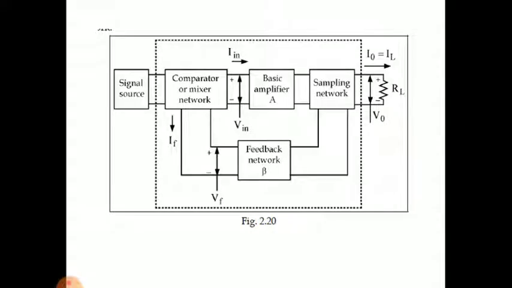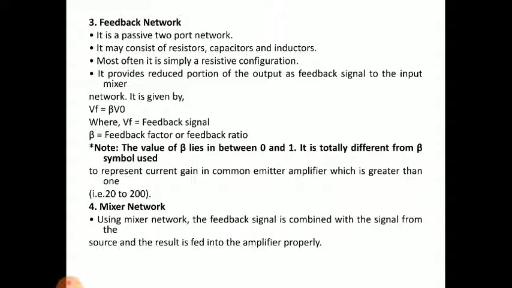Here feedback network output Vf is equal to beta times the V output, not the complete V naught, it is a small portion of V naught, where Vf is the feedback signal, beta is the feedback factor or feedback ratio. The value of beta lies in between 0 and 1. So that is the important point here.